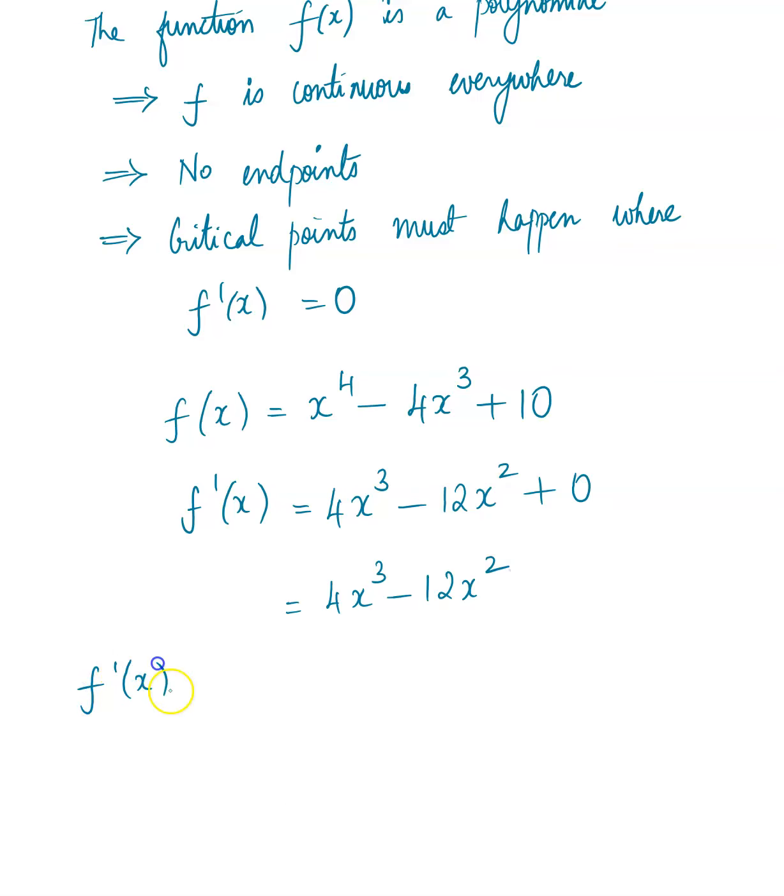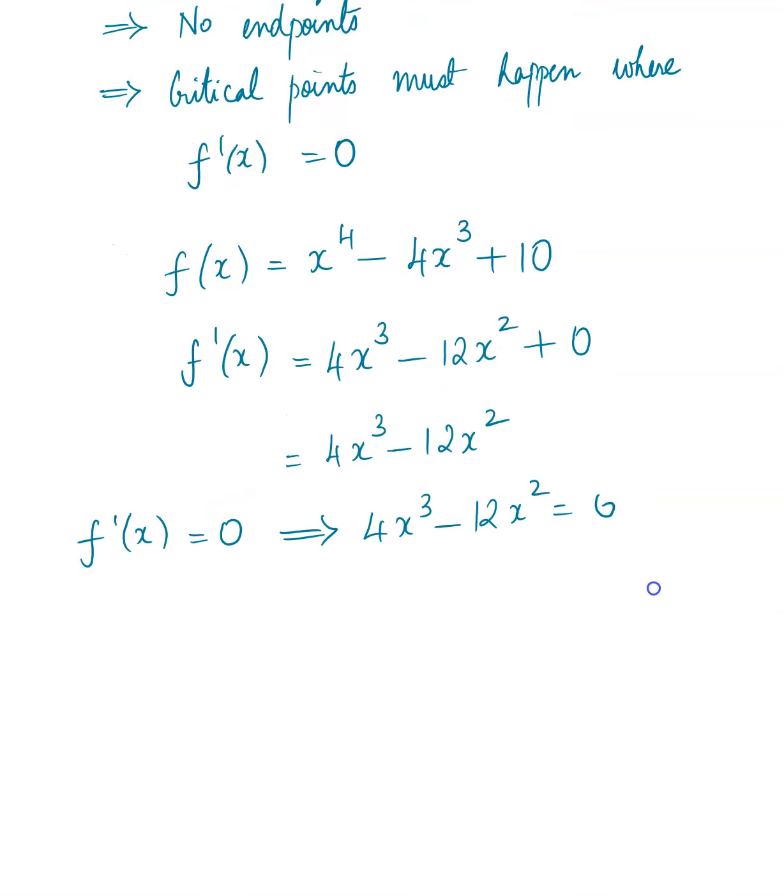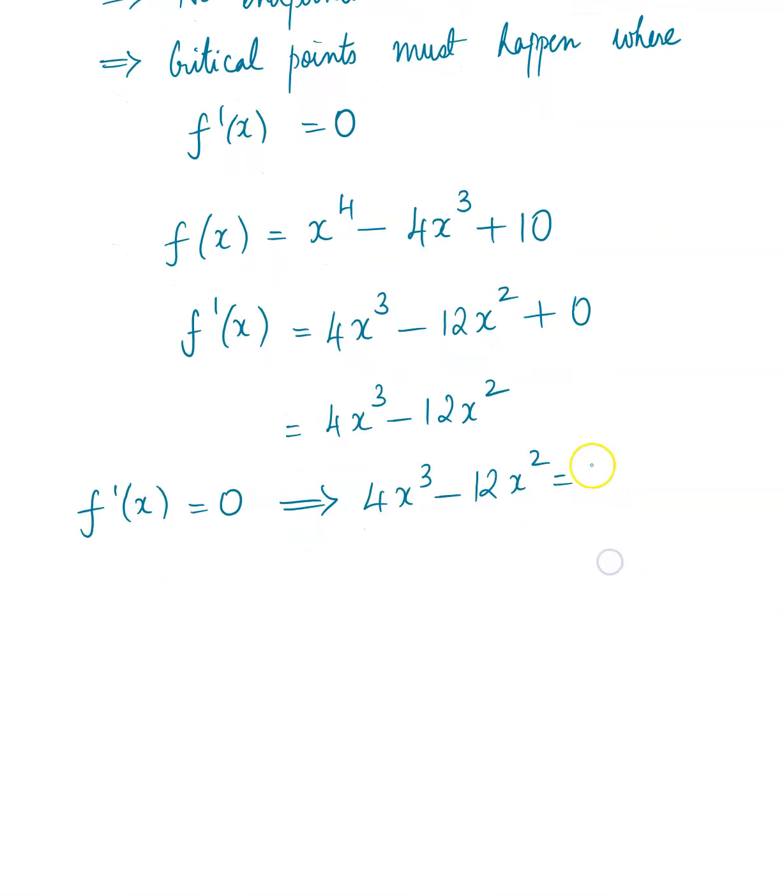F prime of x equals 0 implies that you set this to 0. Remember the drill: when it comes to polynomials, we always factorize them. So we have 4 and x squared, that's the GCF, which gives us x minus 3 equals 0. Setting x squared also to 0, that means x is 0 or x equals 3.